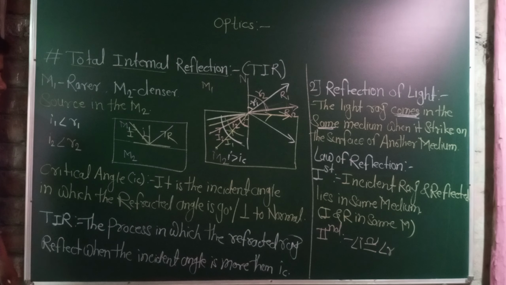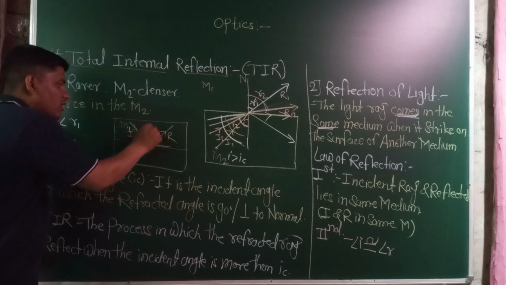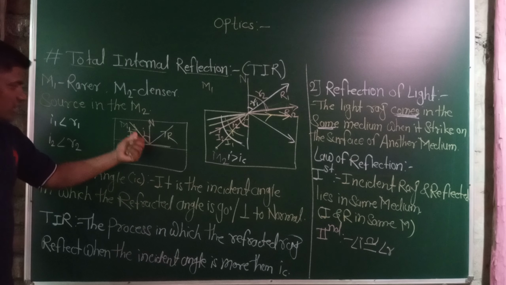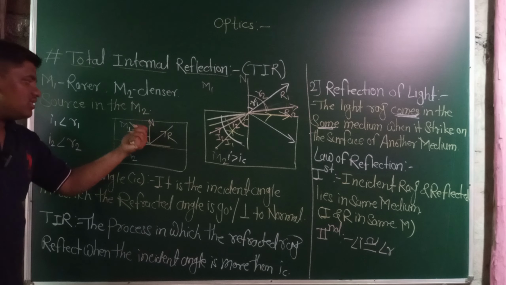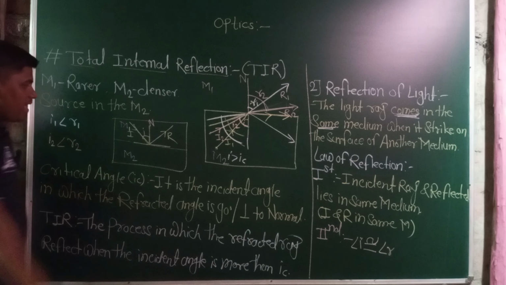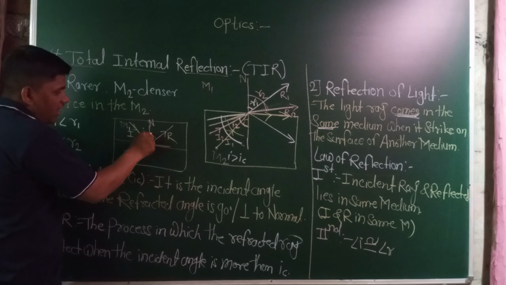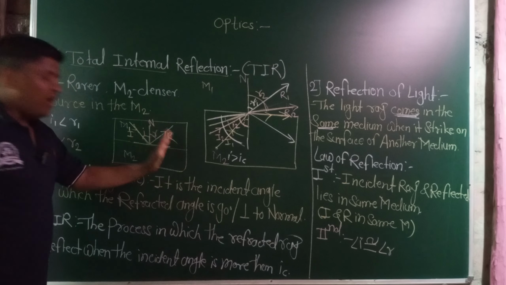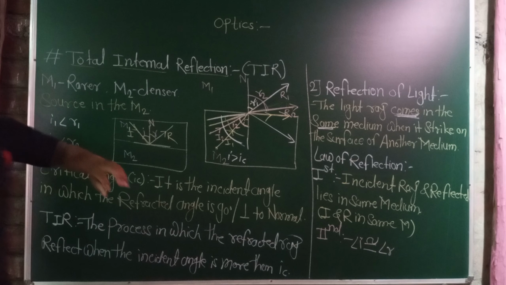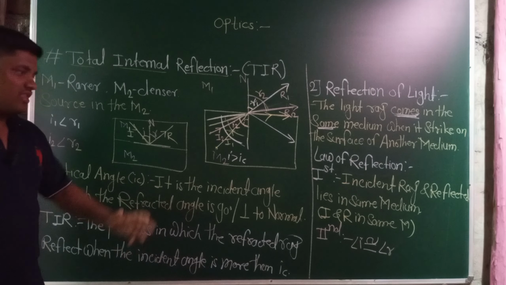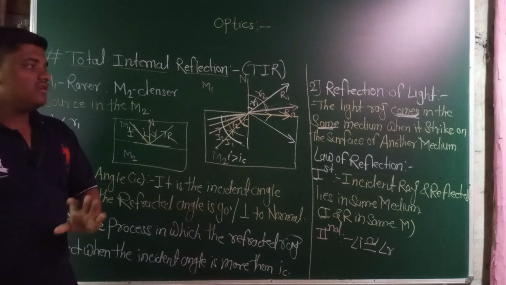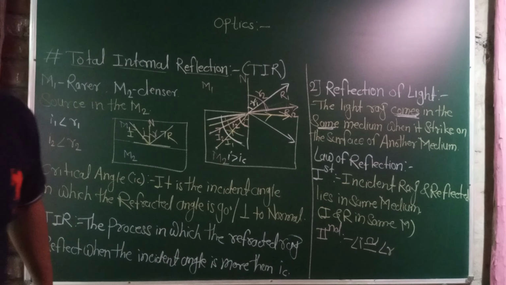The incident ray makes a certain angle with the normal, the perpendicular line. This angle is known as the incident angle, and the reflected ray makes a certain angle with the normal. This is known as the angle of reflection. The angle of incidence and the angle of reflection are equal, or congruent to each other. These are both laws of reflection discussed in this lecture. Okay, we stop here.